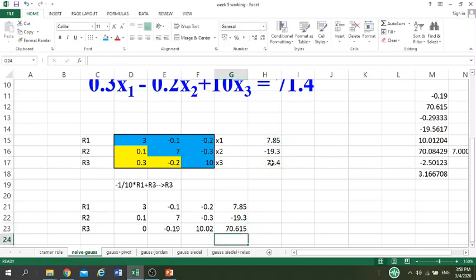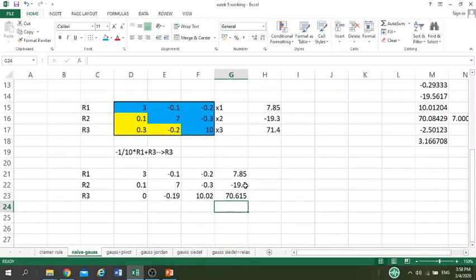Okay, so this is the new arrangement of the matrix after we do this first operation.